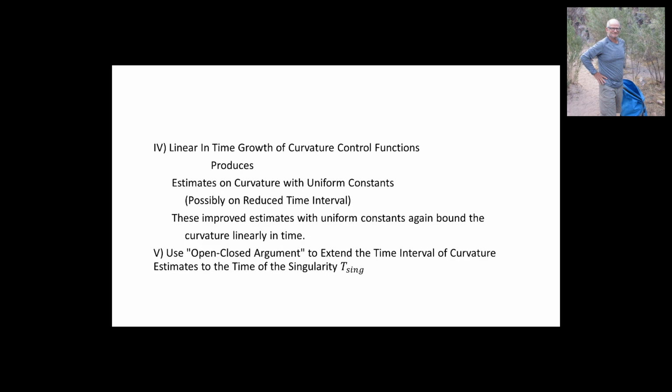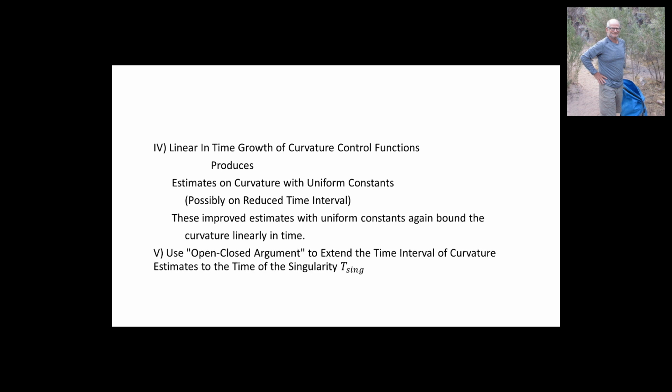The fourth step of this sketchy version of the proof is to show that, since we have linear time growth of the curvature control functions, this produces estimates of the curvature with, importantly, uniform constants. But again, we possibly have to reduce the time intervals to some extent.